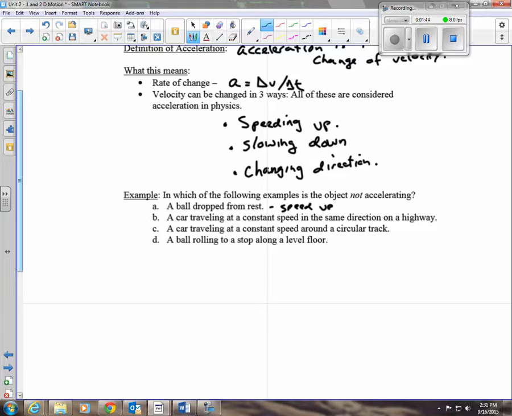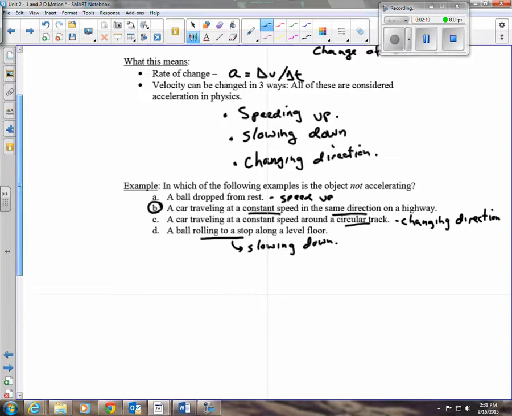Going at a constant speed, so I'm not changing the speed or direction, that is not accelerating. If we're going around a circular track, we are changing direction, so that is an acceleration. And rolling to a stop means it's slowing down, so that is also an acceleration.